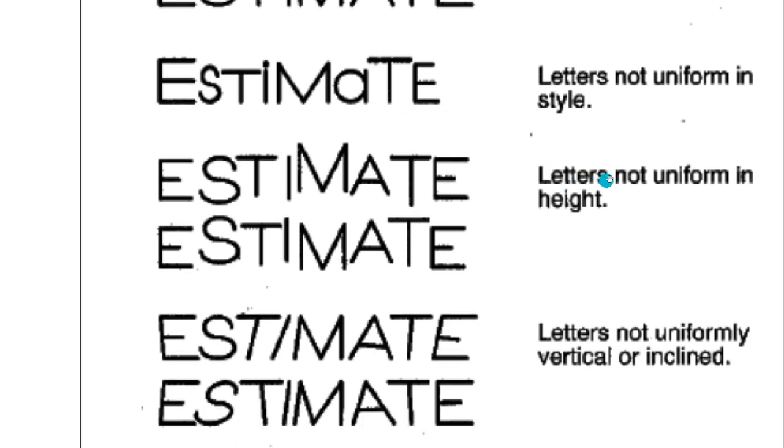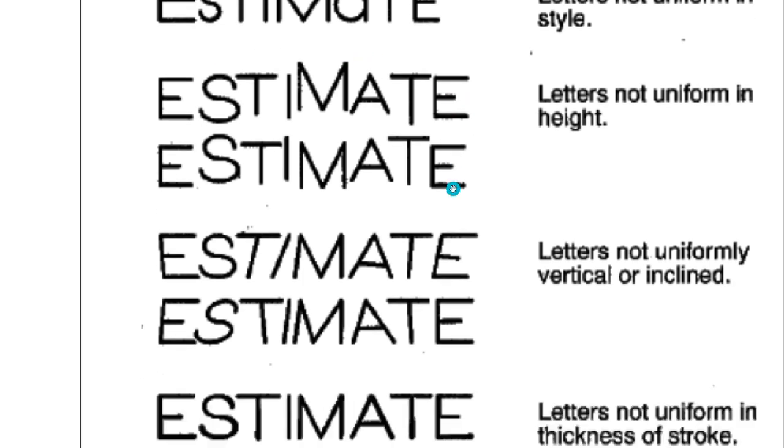Next is letters not uniform in height. This is a mm. Bad practice, especially if you don't have guidelines, usually this would happen. Your letters would not be uniform in height. Next is letters are not uniformly vertical or inclined.